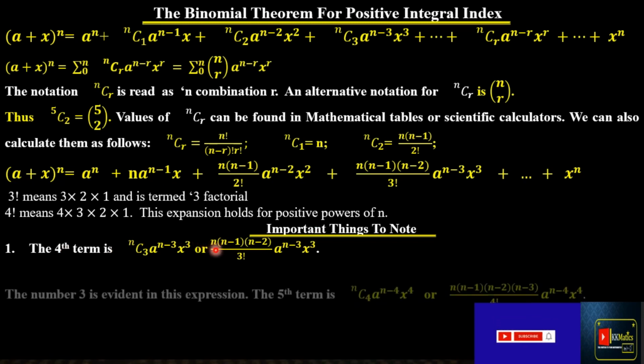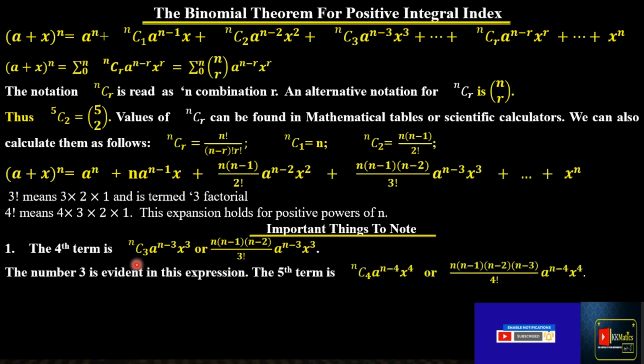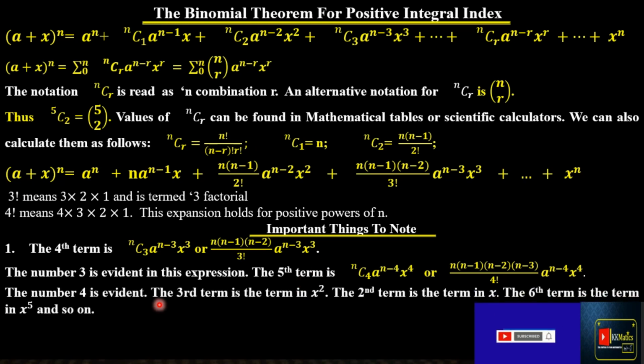If it's the fifth term, then the power of x will be 4, which is less than 5. Then the third term is in the term x raised to the power 2, the second term is in the term x, and the sixth term will be x raised to the power 5, and this goes on and on.